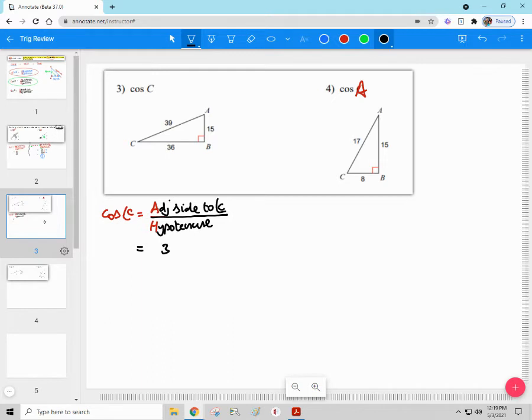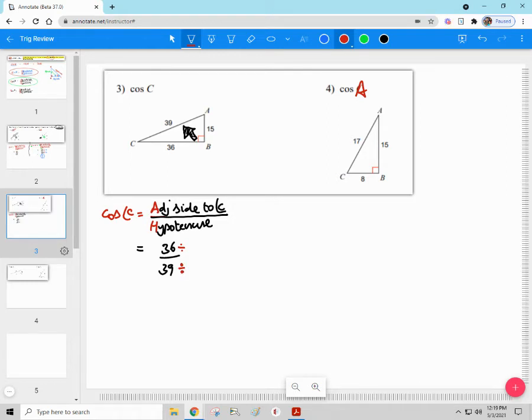Therefore, it is 36 over the hypotenuse. Several times I reminded you that the side opposite to 90 degrees is known as the hypotenuse. Therefore, it is 39. Now, if you are asked to express in the lowest terms, you have to think by what number you can divide the numerator and denominator.